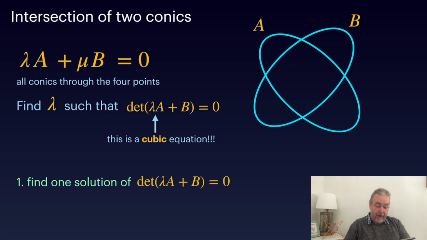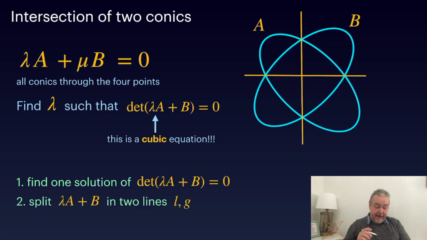So, step 1, find at least one solution of this equation. And if you found that solution and you plug in this lambda and you form the linear combination, you get one of the degenerate situations that also pass through all of our 4 points of intersections. So now you get one degenerate solution. You know that it is degenerate, so you can split it. So step 2, use our splitting procedure to make those two lines two individual lines that can be nicely intersected.